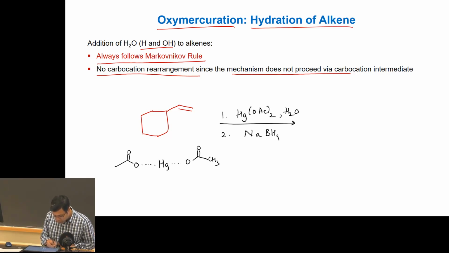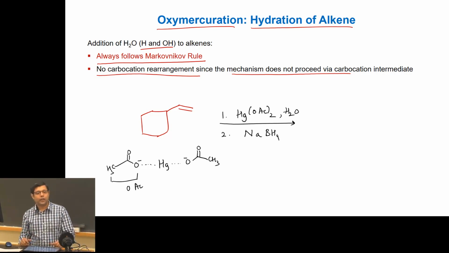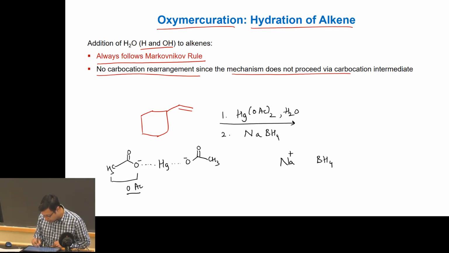It's mercury bonding to the oxygen that is negatively charged. This entire thing is called OAc, acetyl. AC stands for acetyl. So this is OAc. All right. NaBH4 is an ionic compound that splits up into Na plus and BH4 minus. It is called sodium borohydride.